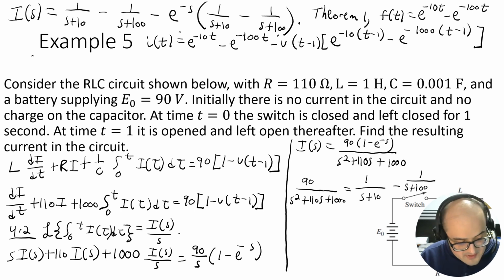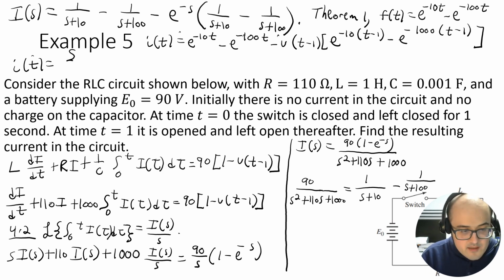Alright, so our position function then can be written in our two cases. I of t. And this would be e to the negative 10t minus e to the negative 100t, and this is where t is less than 1. Okay.